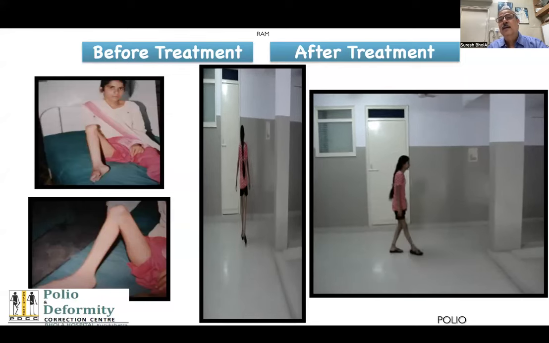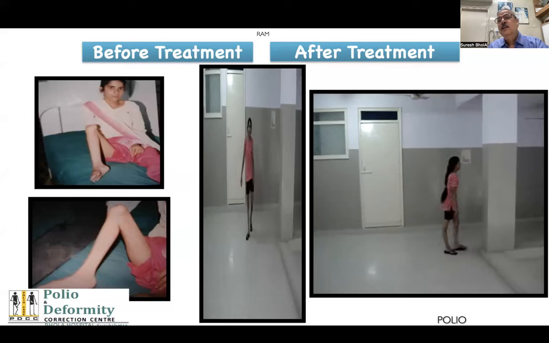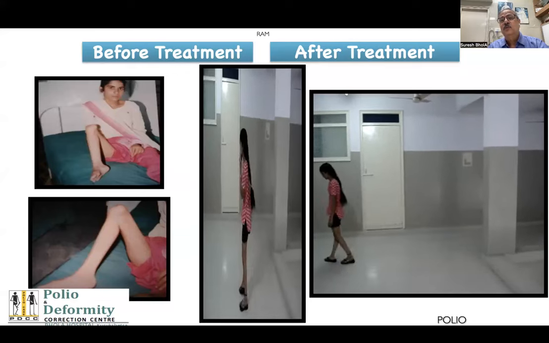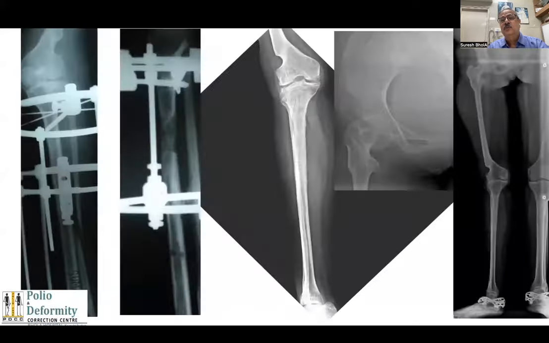And they are walking without any stick, without any caliper or shoes. This is due to multiple osteotomy, their correction with the help of Ilizarov, lengthening with the help of Ilizarov, and these are the X-rays about 14 years after the treatment.